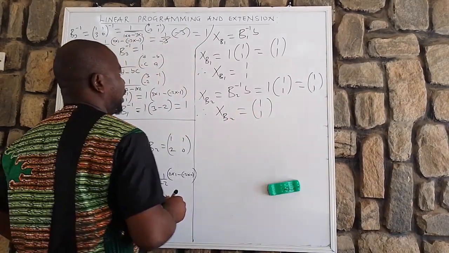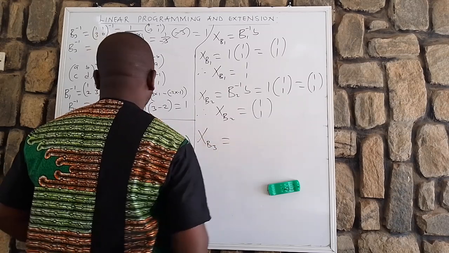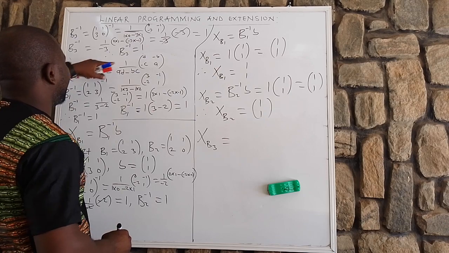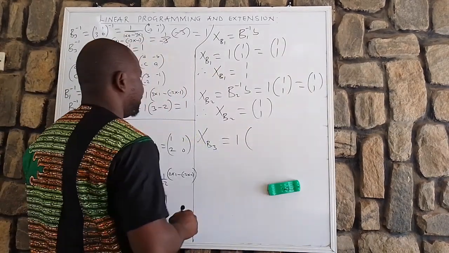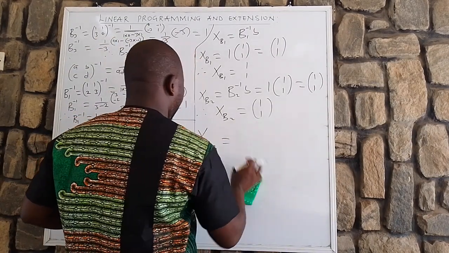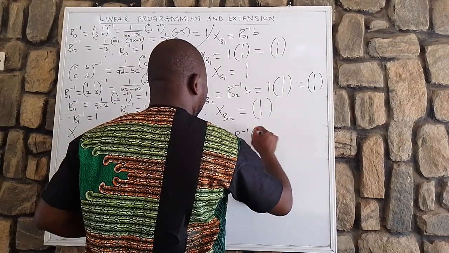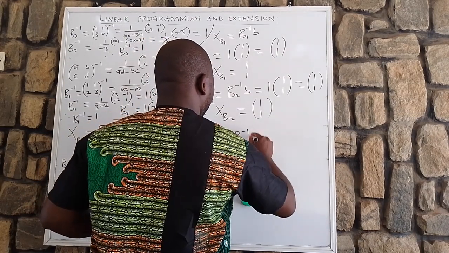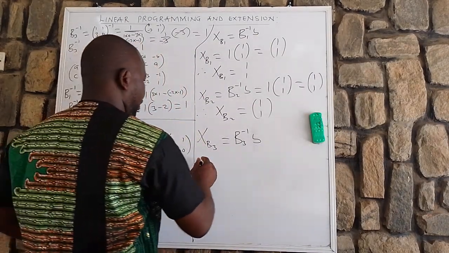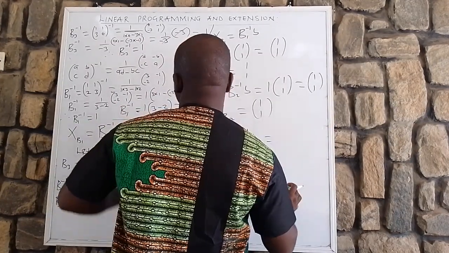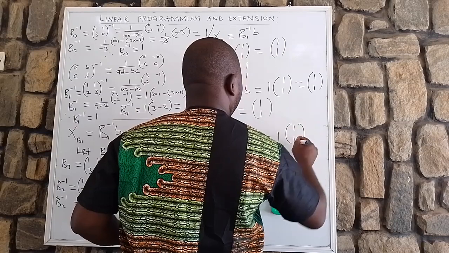Then our XB3 is equals to B3 inverse, which is 1, isn't it? 1 times, what is our B? Okay, let me just do it this way. B3 inverse times B. So if you agree with me, here will now be equals to B3 inverse is 1, 1 times our B is 1, 1, isn't it?